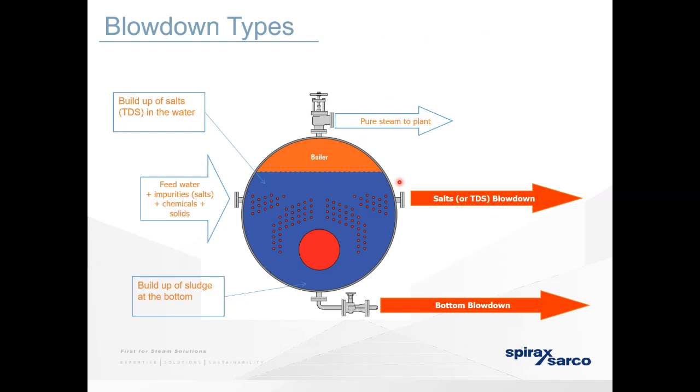It could be erosion or corrosion that's been washed back from your condensate system. And you want pure steam out, or as pure as possible, because you don't want to re-pollute your steam system. So we would try to blow down the salts or TDS via the surface blowdown on the side, and the bottom blowdown, which will remove the sludge and anything that's fallen to the bottom. So I don't know how aware you guys are.